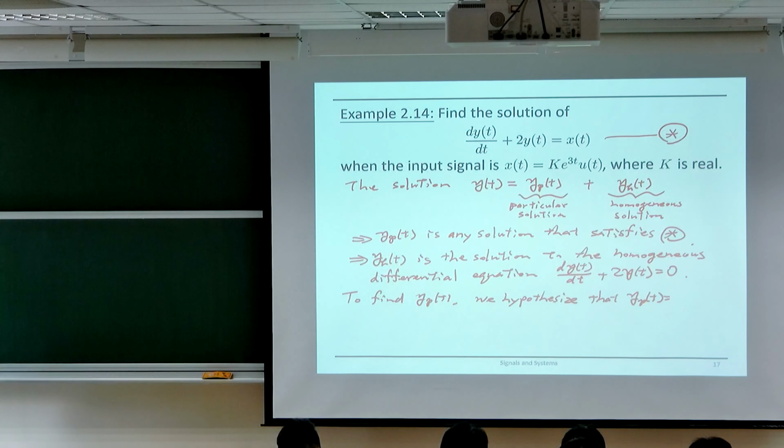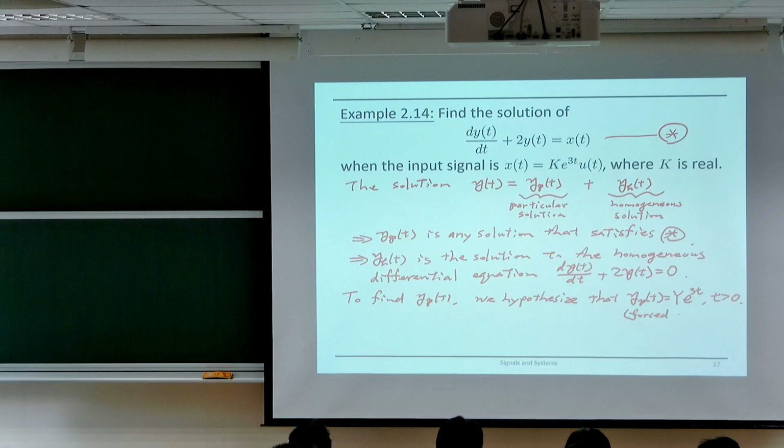So it should be some constant scale of e to the 3t for t greater than 0. This guess is often called the forced response.